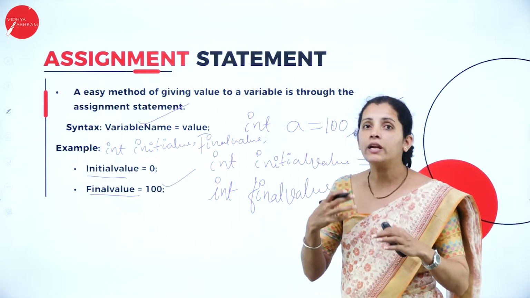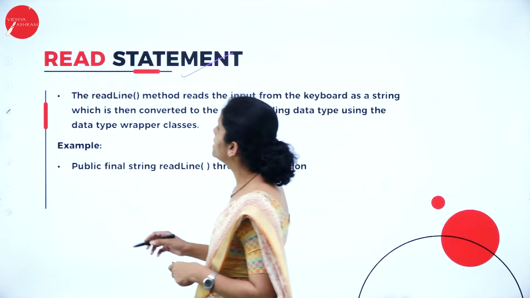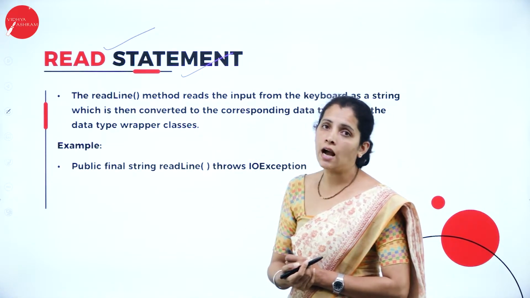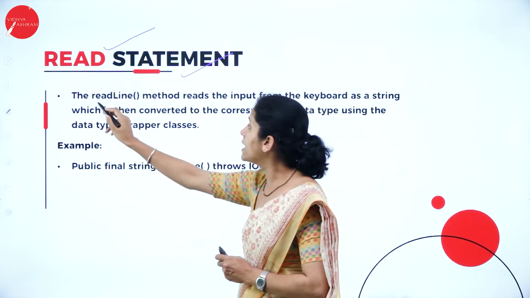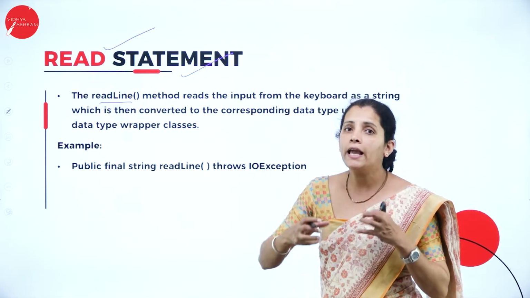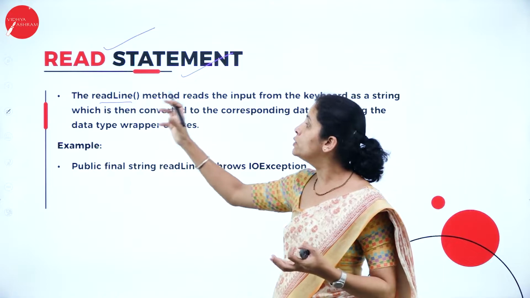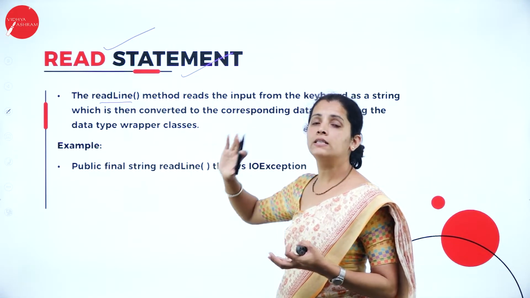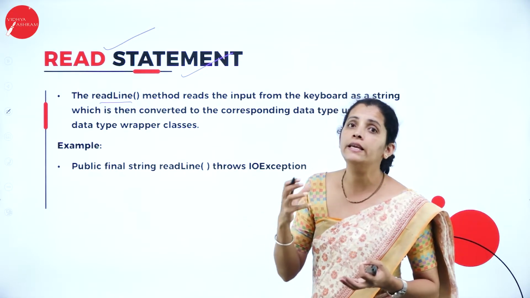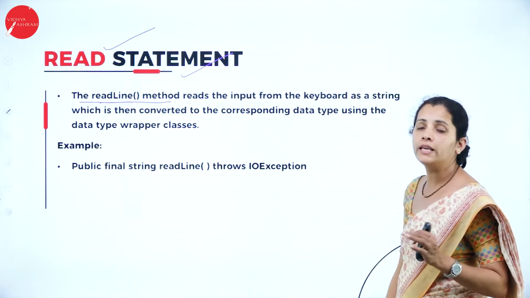But if I want to read the value randomly, then I can go with the statement called read statement. So dear student, Java supports the readLine method. Suppose I want to input any value from the keyboard, then I can use readLine. So what is the meaning of this method? It's mainly used to read the input. The readLine method reads the input from the keyboard.